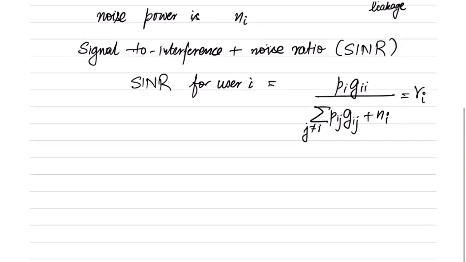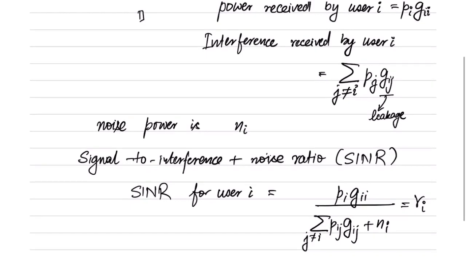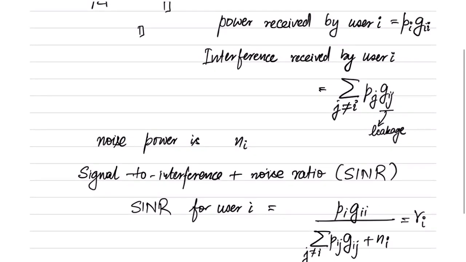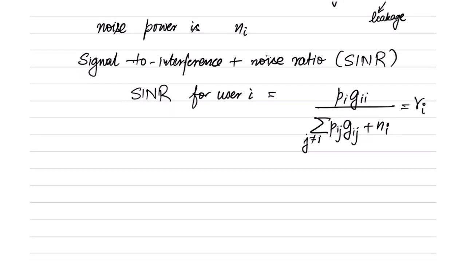Now what do we want to do? We are observing that, suppose we assume that the user's rate increases with SINR, I cannot satisfy all users, because I cannot increase all their powers.